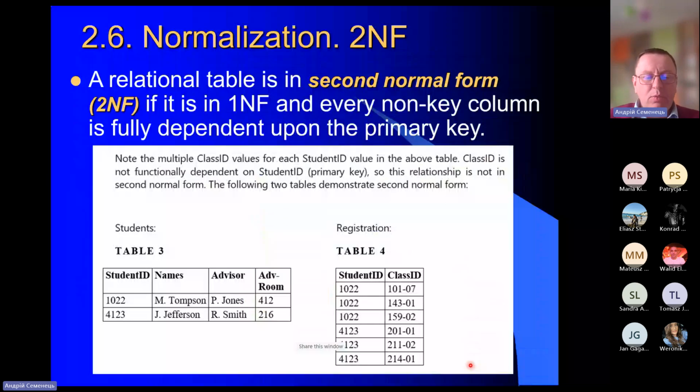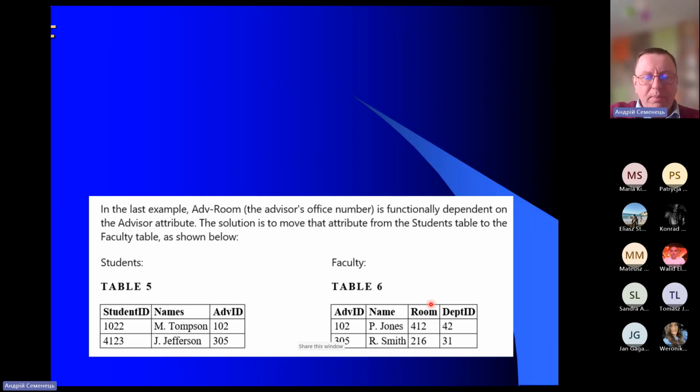For example, we separate students from registration for classes. In this case, we will have information about students along with advisor and room for advisor, and then we have students' assignments to classes. So here we have data in second normal form.